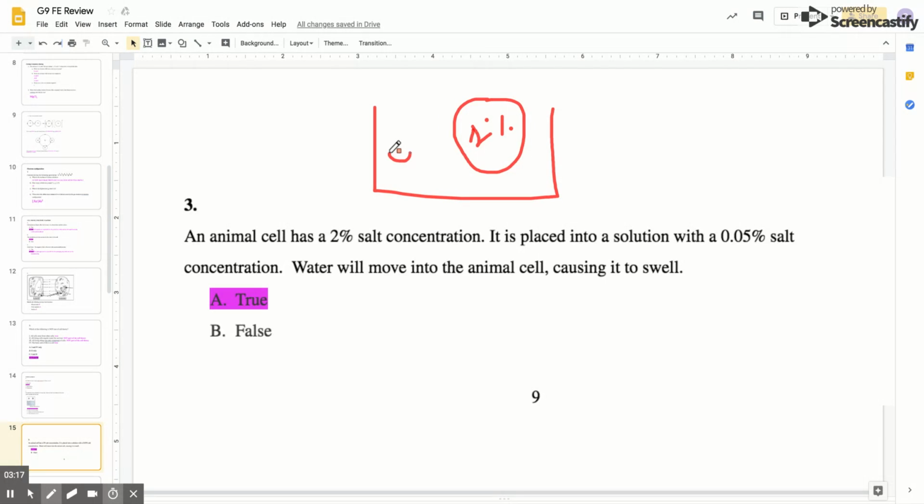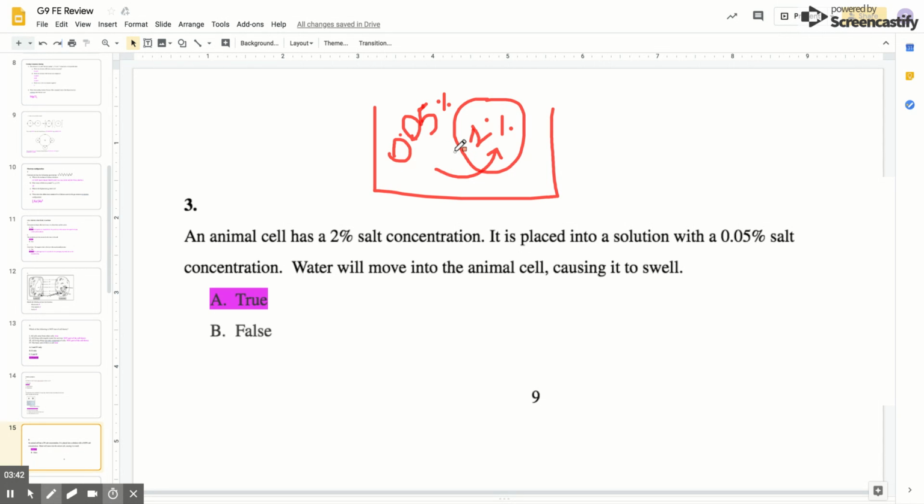And this has 0.05%. Now, of course, we know that 2% is greater than 0.05, right? So it means that there's more water potential here in this than there is in this. Now, in that case, it means that water would have to move from here to inside the cell, right?